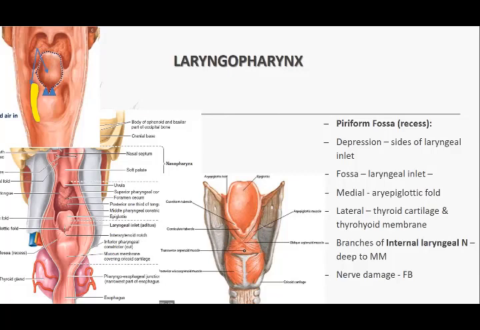Now when the internal laryngeal nerve is damaged, the sensory supply here is lost. As a result, there will be no sensations left in this area. So if a foreign body now comes and lodges there, there are going to be no sensations. No sensation means no reflex coughing, and the foreign body will remain there, or it may get dislodged. Also, the laryngeal inlet is right there.